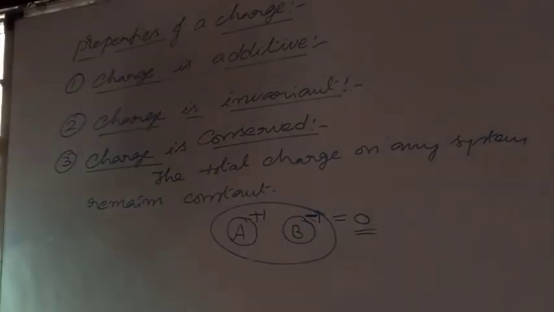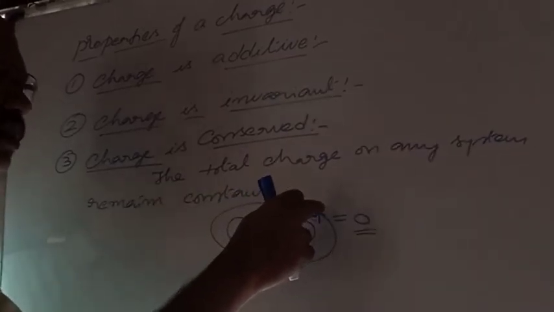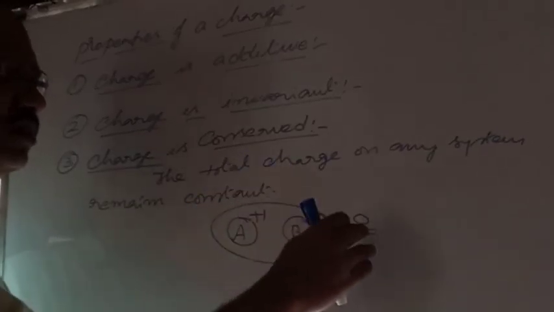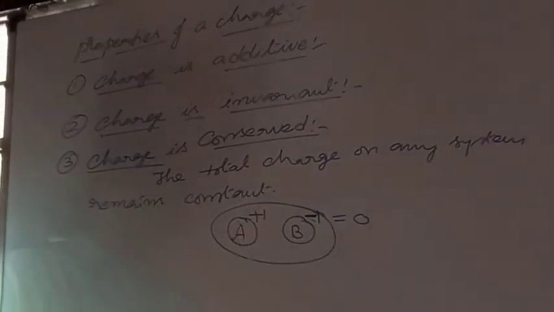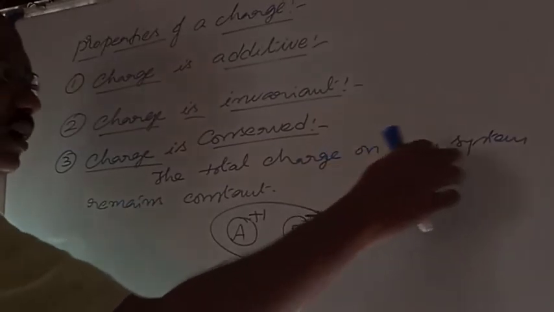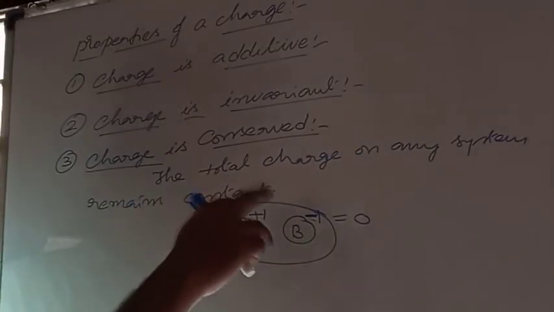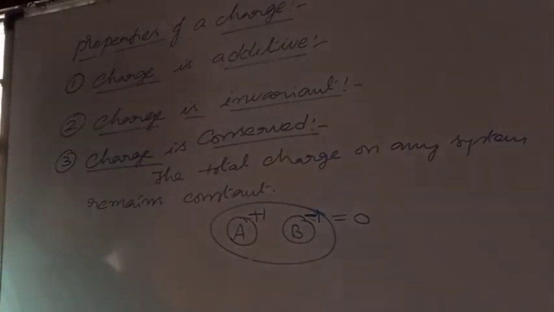But when we consider the total charge of the system before and after the process of friction, before the process the total charge on the system is 0, and after the process of friction the total charge on the system is again 0. That means the total charge on any system remains constant during any process.